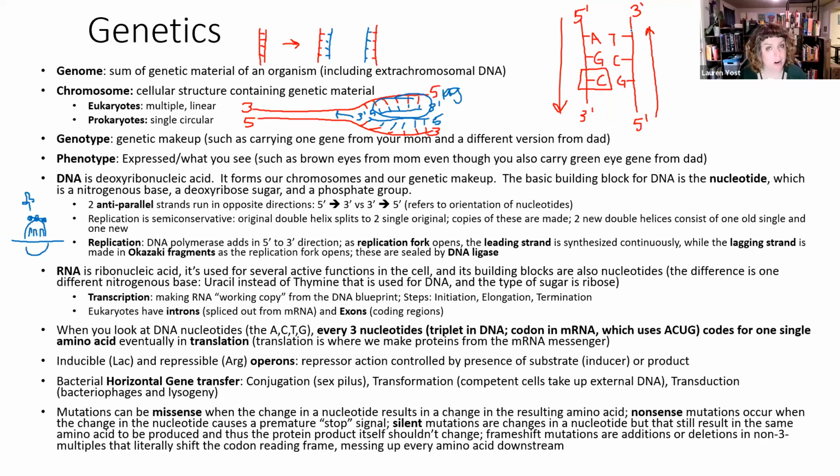Then we have nonsense mutations. If you had a change from AUU to UUU, and maybe AUU was phenylalanine, and now UUU is a stop codon that literally signals the cell to stop making protein at that point and disassociate the ribosome.